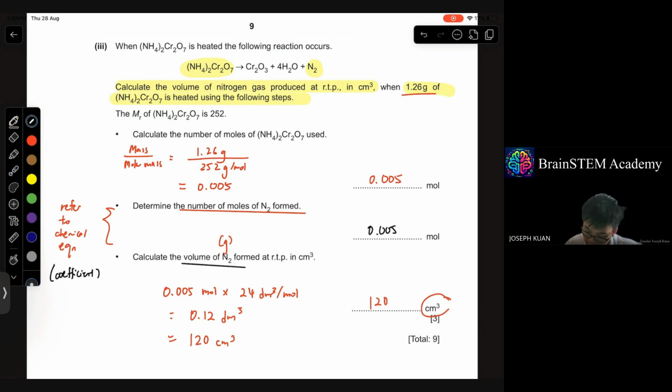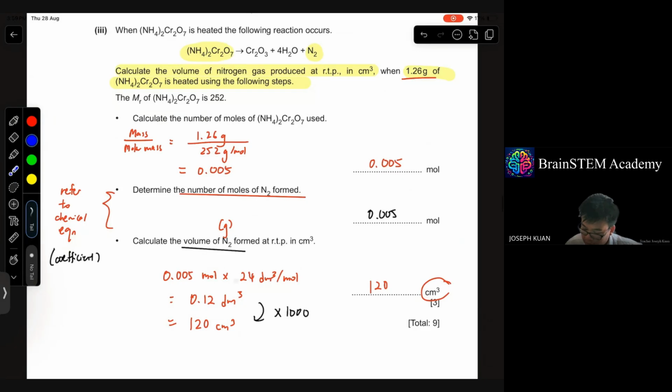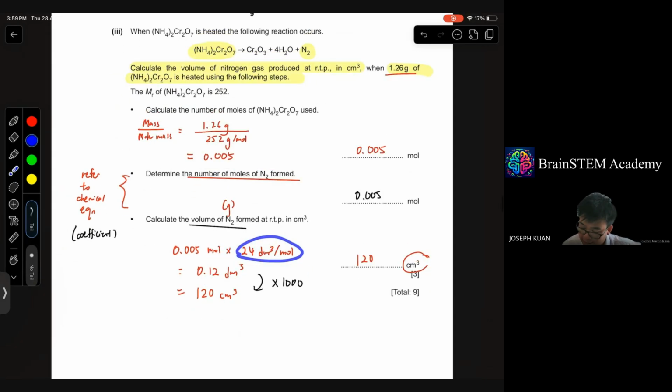This one you just multiply by 1000 in order to get cubic centimeters. And the reason why we multiply by 24 is because of a special property of gases, in case you don't know. Basically, 1 mole of any gas occupies 24 cubic decimeters. So this particular amount just occupies 0.12 instead.